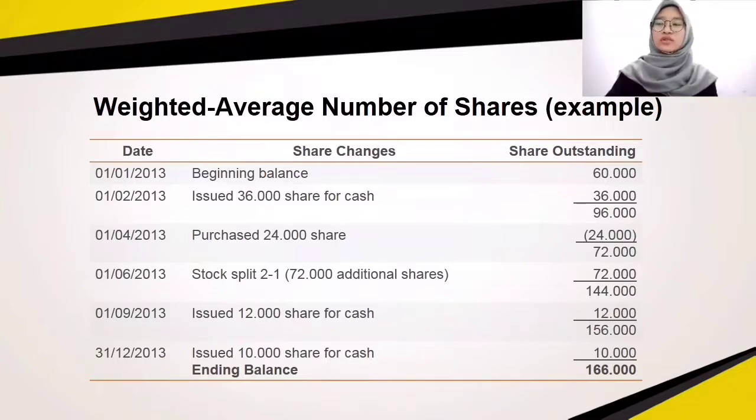On January 2, 2013, issue 36,000 shares for cash, and then purchase 24,000 shares, and then a stock split 2 for 1, 72,000 additional shares, and then issue 12,000 shares for cash, and then issue 10,000 shares for cash, and the ending balance is 166,000, and the 166,000 is the weighted average number of shares outstanding.